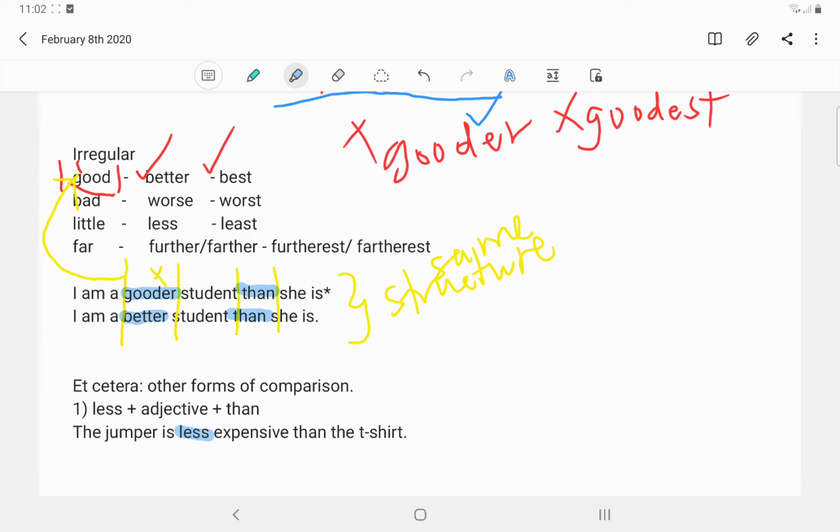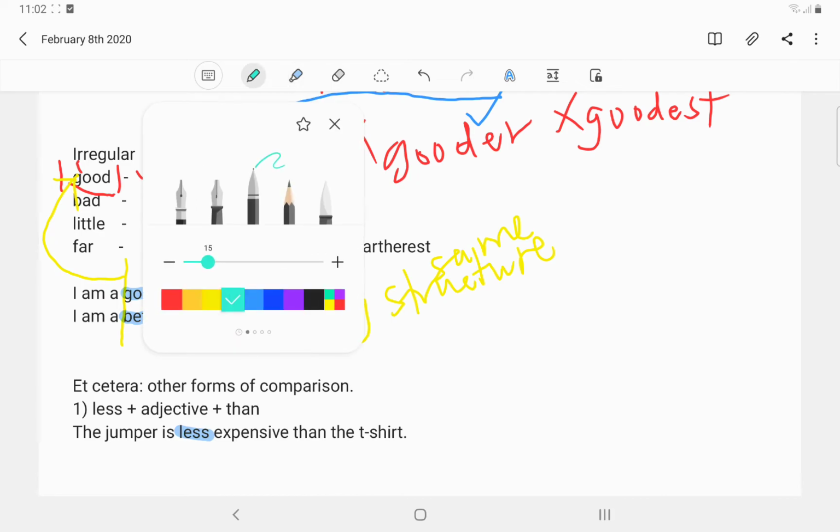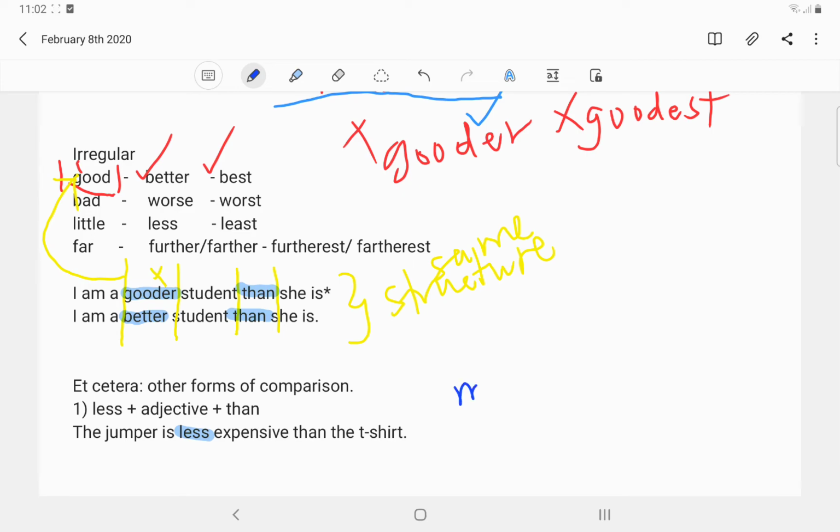Okay. Less ini adalah the opposite of the word more. It is the opposite of the word more. Okay.